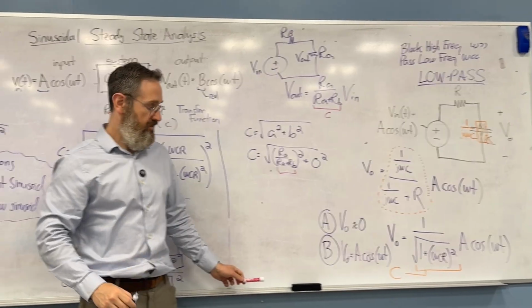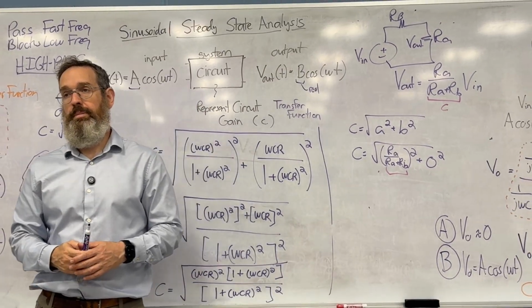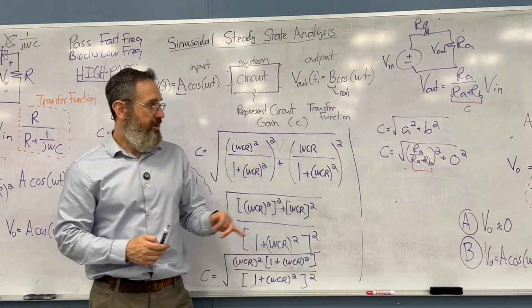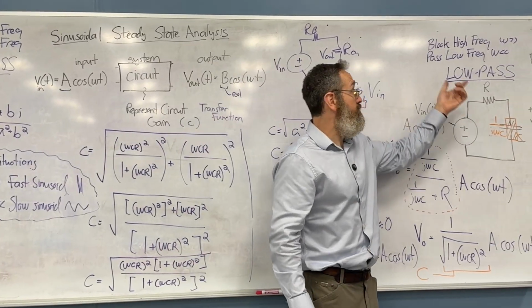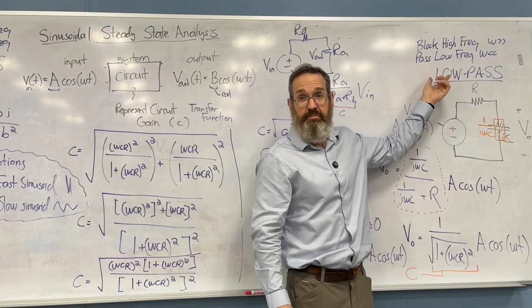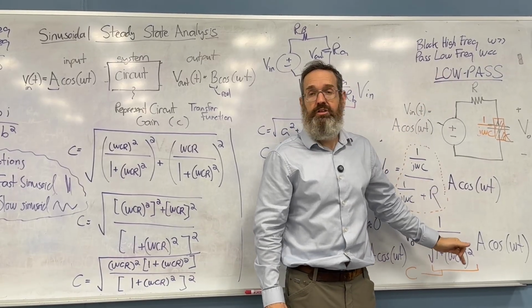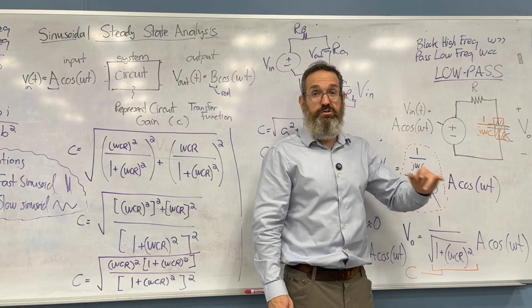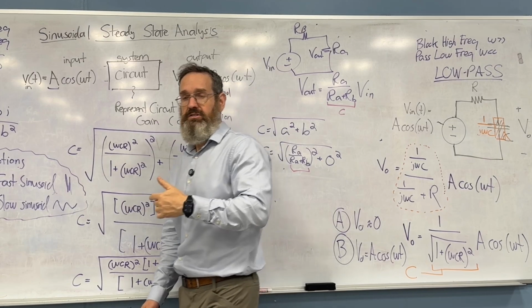Yes? How large or small does something have to be, how fast? Okay, so the question is, how large or how fast or slow does something have to be? That is an excellent question, because what I have done now is dodge that bullet. I've used extreme examples. I've said very fast, very slow.